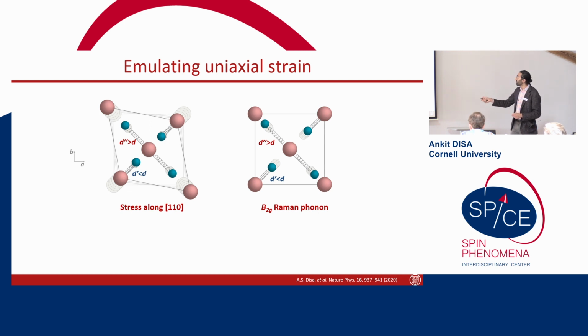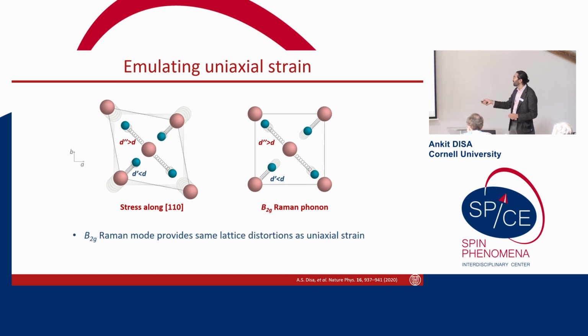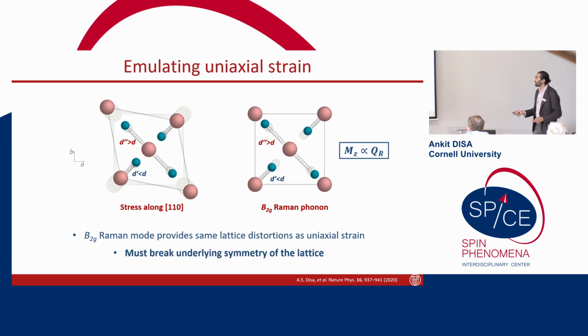So if you were to excite such a mode, then the mode amplitude would give you a change in the magnetization just like strain. And the big difference here is that this is an optical phonon, so this is a volume-preserving excitation, whereas strain changes the volume. So you wouldn't be limited by the same elastic constraints as you would by straining the crystal.